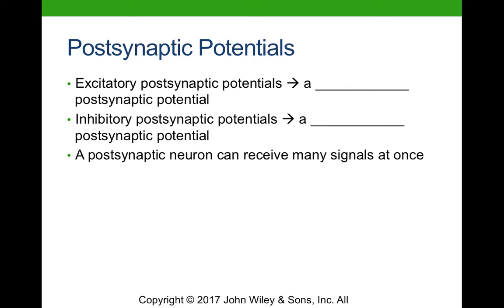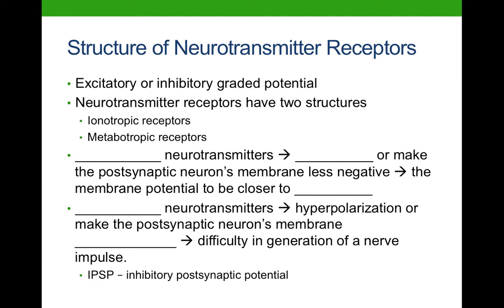A postsynaptic neuron can receive many signals at once. Neurotransmitter receptors at chemical synapses can cause either, as we said, an excitatory or inhibitory graded potential.